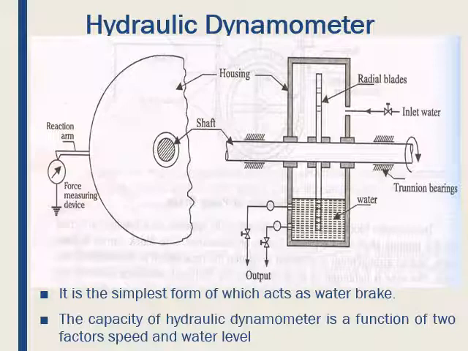Further, it is mounted on true union bearings and a shaft, and the housing also houses the water reservoir in which the blade is rotating. The water is connected to the output to maintain different levels of water based on the amount of friction required.